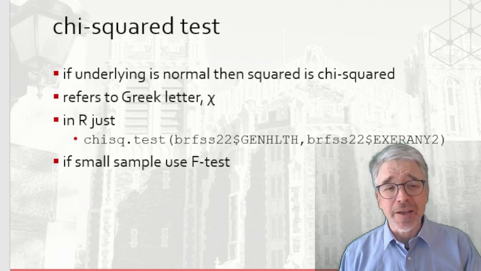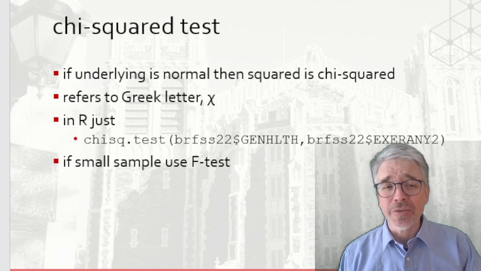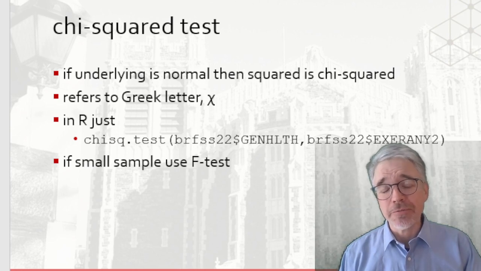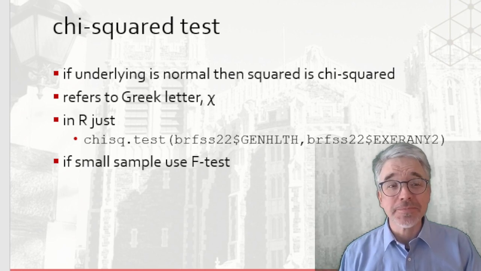That gets us to the chi-square test. If the underlying data are distributed normal, then the square of a normal variable has a chi-squared distribution. That Greek letter chi confuses people, but the statistician who first introduced it didn't actually use an abbreviation for some word or anything. He just basically wanted a curly X.